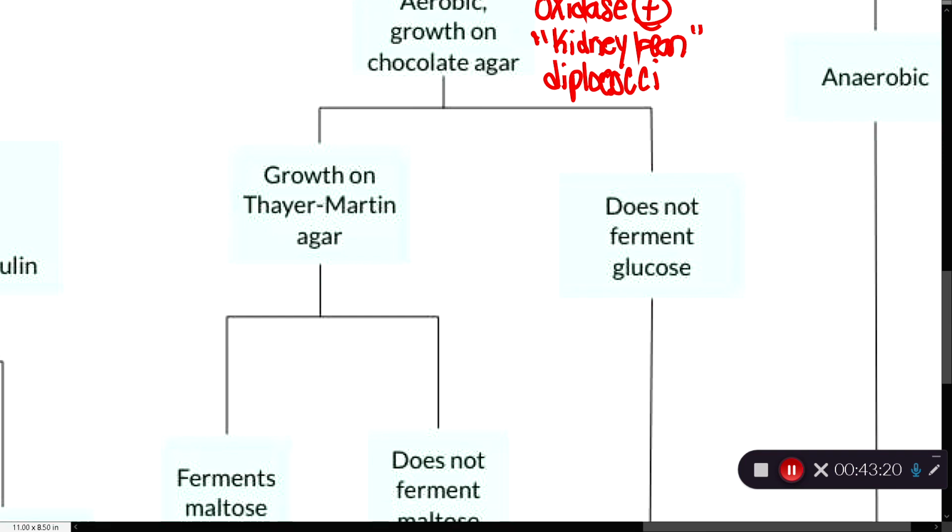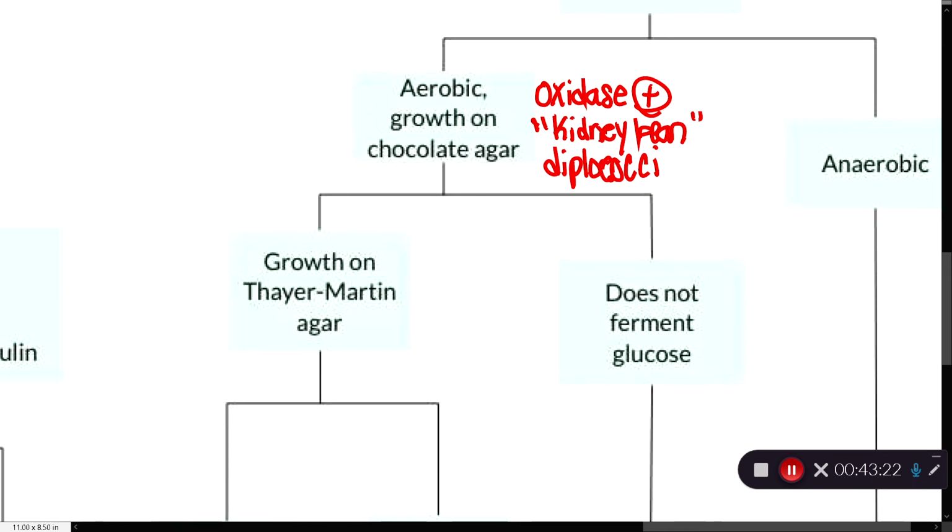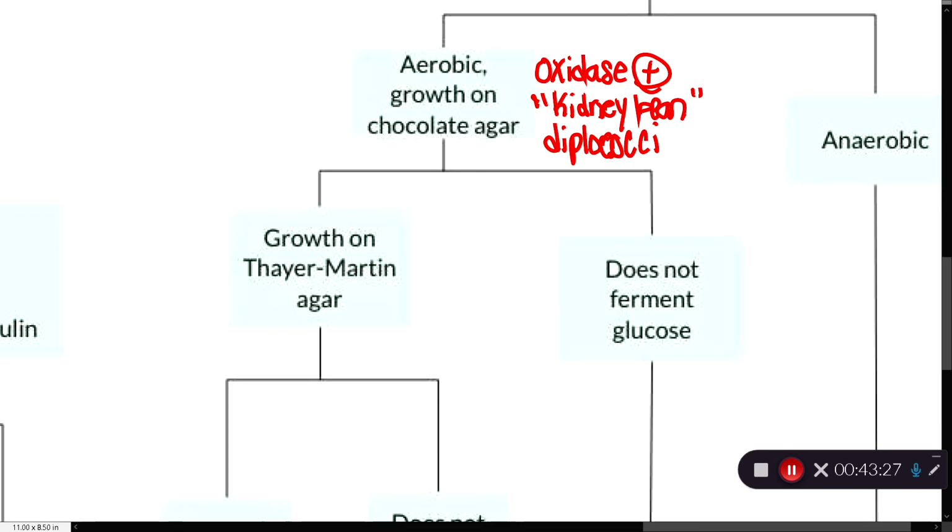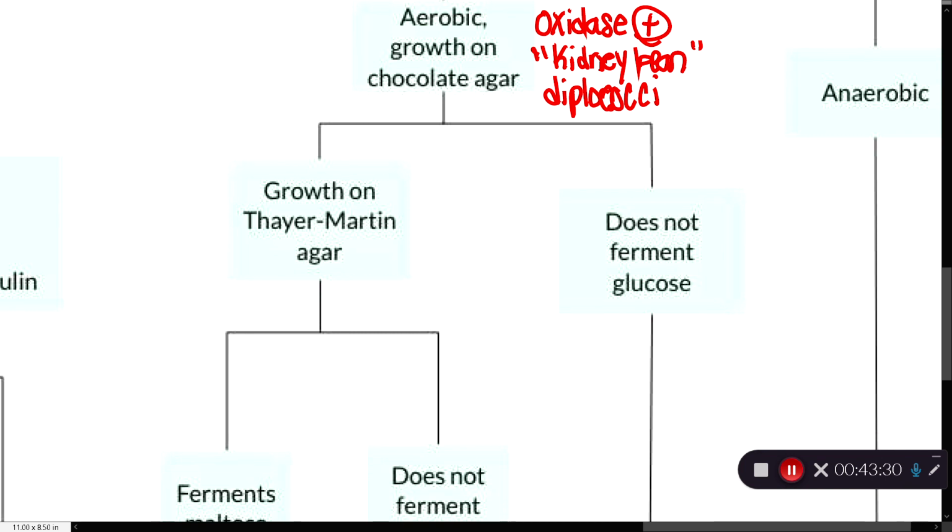So if we can grow it on chocolate agar, and really I should have made this into 3 because Thayer Martin actually refers to, I needed to have revised this. Thayer Martin is pretty much indicative of this. So pretend like this isn't here.